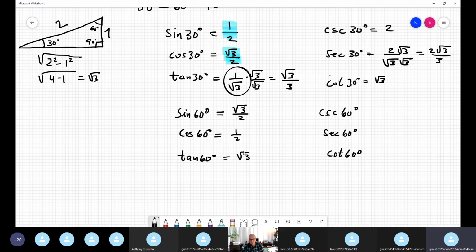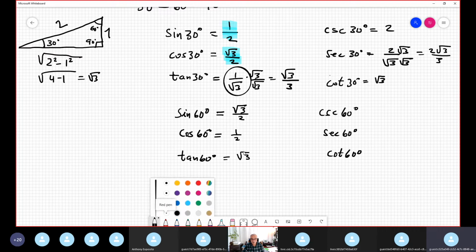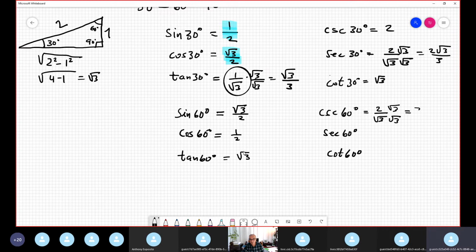Tangent 60 degrees is radical 3, the cofunction of the 30 degrees. Now, reciprocal. Let me see the reciprocal of this. This is 2 over radical 3. Rationalize, it's 2 radical 3 over 3. It's exactly the same. Cosecant 60 degrees is exactly the same as secant 30 degrees. Cofunction.